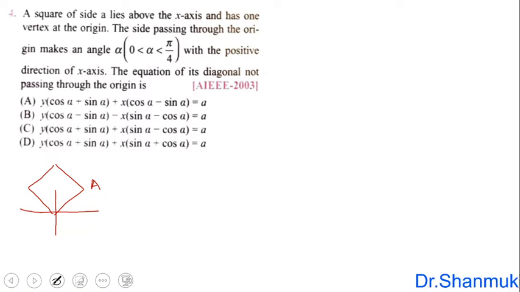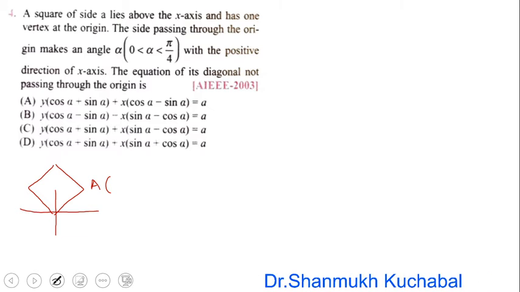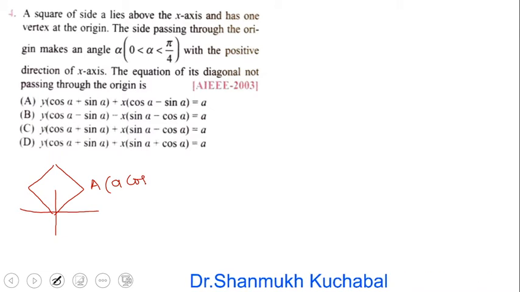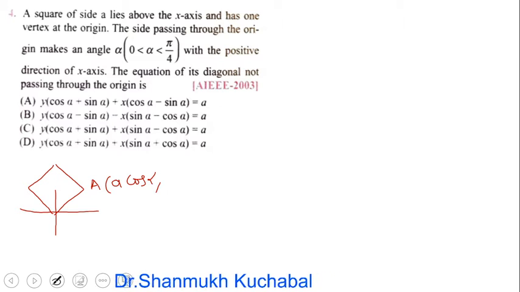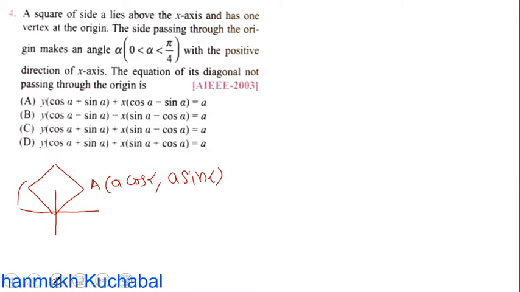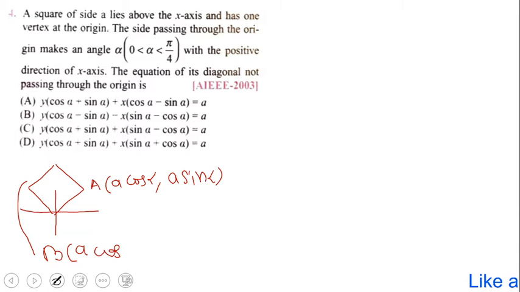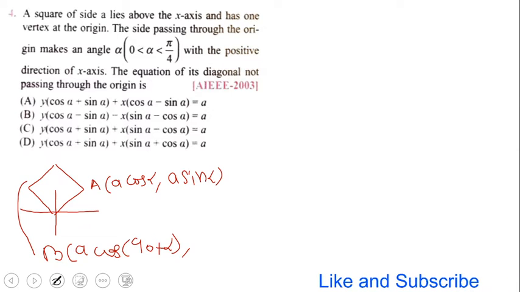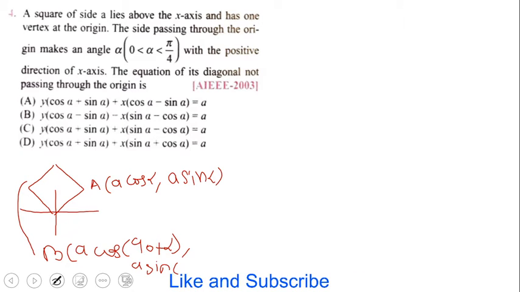This is point A. The coordinates are (A cos alpha, A sin alpha), and the coordinates of B are, I am writing down, (A cos(90 plus alpha), A sin(90 plus alpha)).